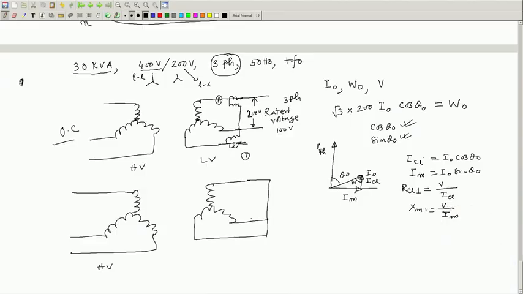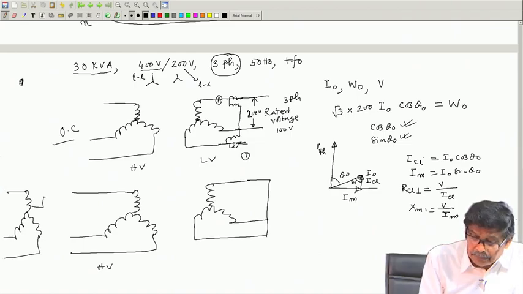The moment you short the LV side, can I apply the rated voltage 400 volt here? Never, because it will then draw very large current. Current will be only limited by its leakage impedance. So, here you must have a 3-phase auto transformer to apply a rather small voltage.